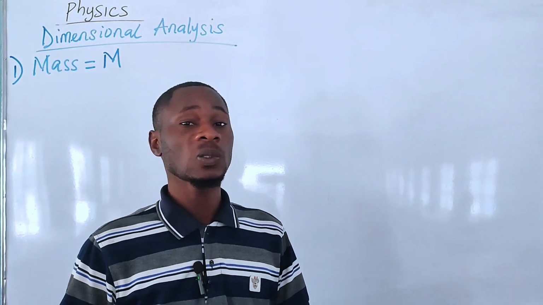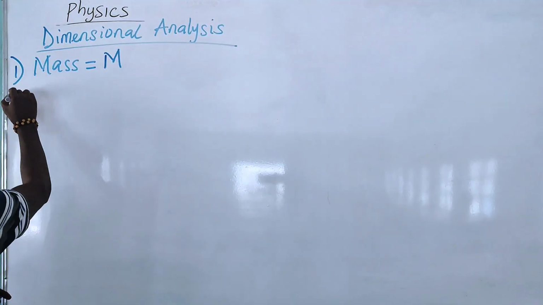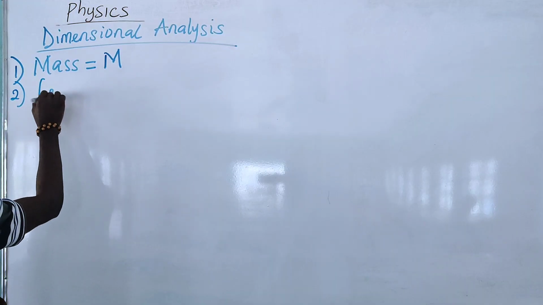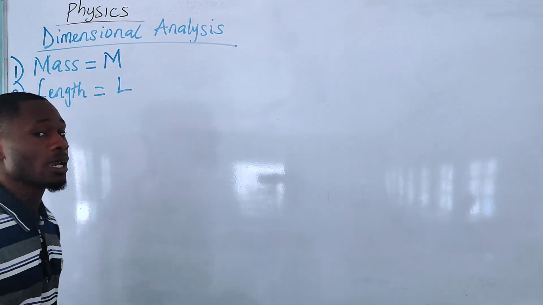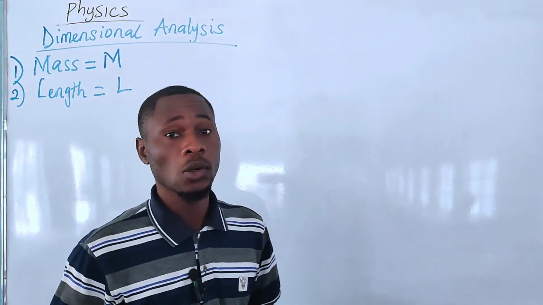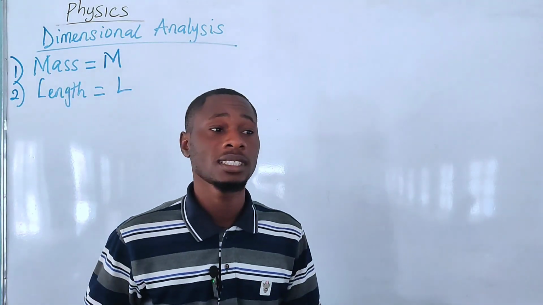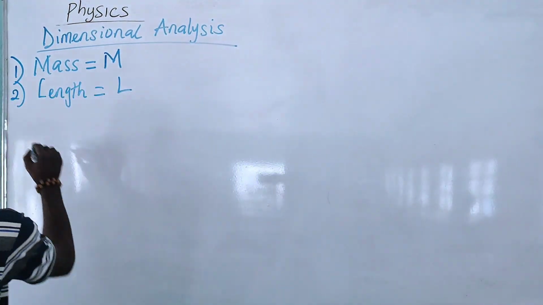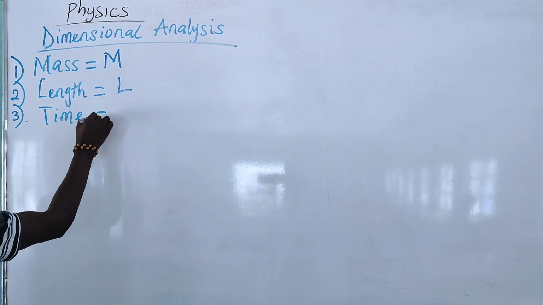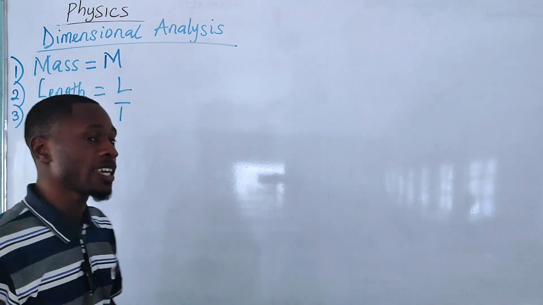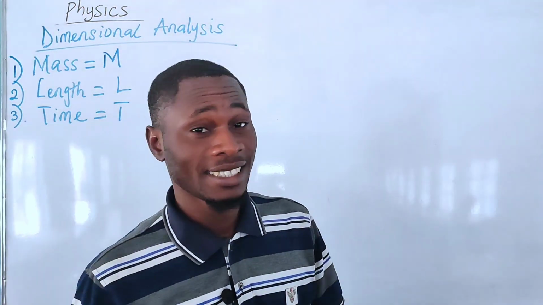And the next quantity is length. The dimension of length is what? L. Remember that length is also a fundamental quantity. The next quantity is time. The dimension of time is capital T.